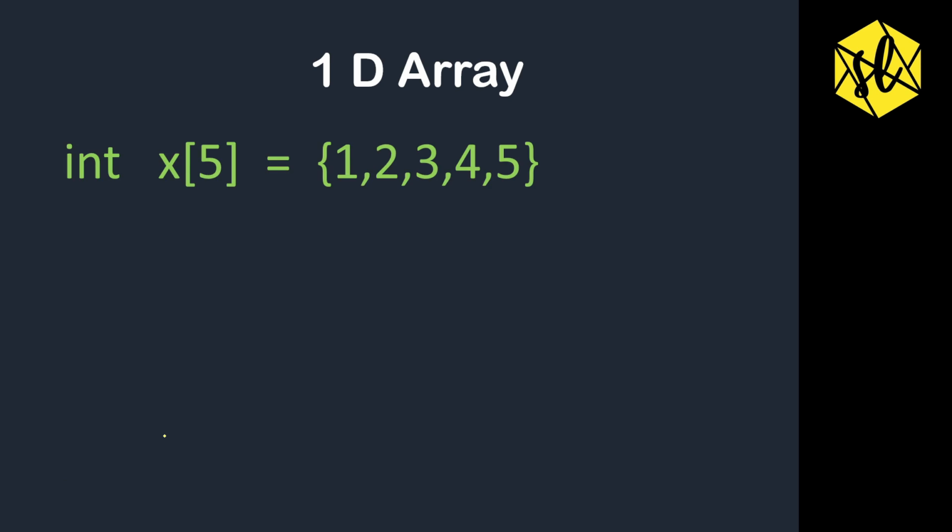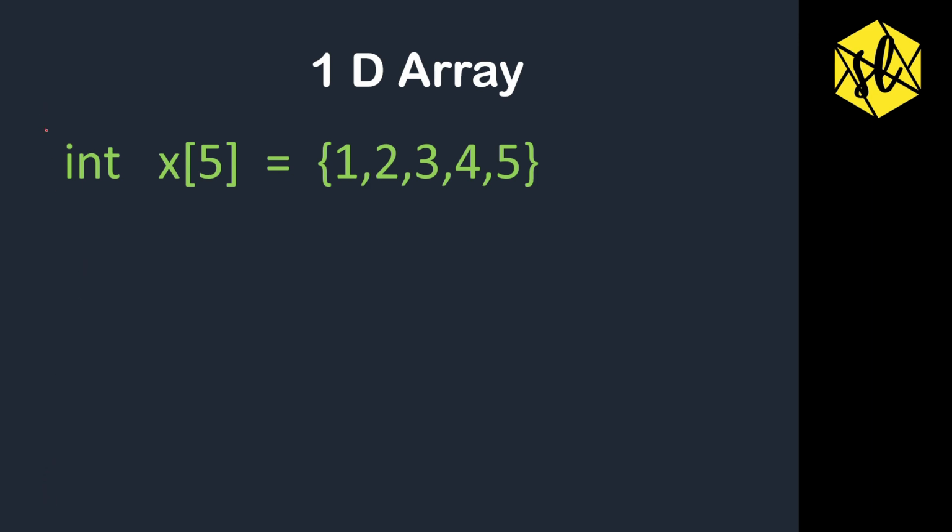Yeah. Now let us understand what is a 1D array. This is a very basic example of a 1D array. In this we have two parts. First one is declaration. I am circling declaration using red.